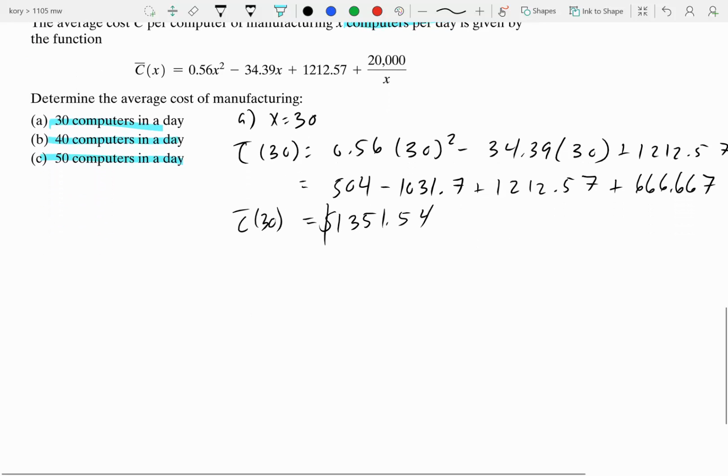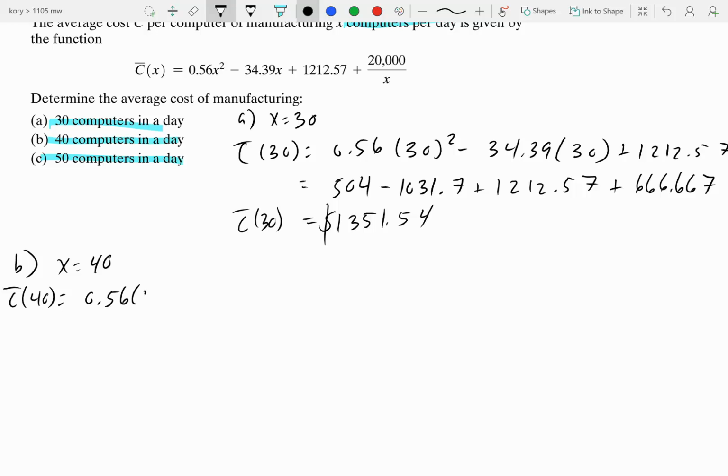Now we need to do the same thing for B and C. So B, x is 40, so we have C of 40 equals 0.56 times 40 squared minus 34.39 times 40 plus 1,212.57 plus 20,000 over 40.